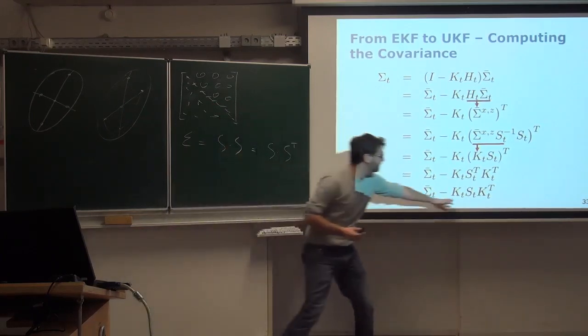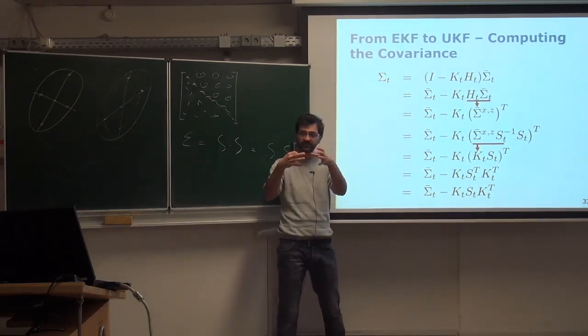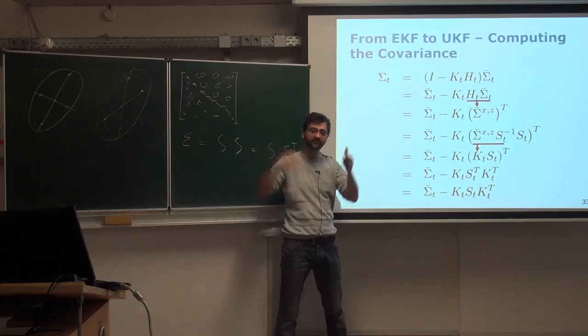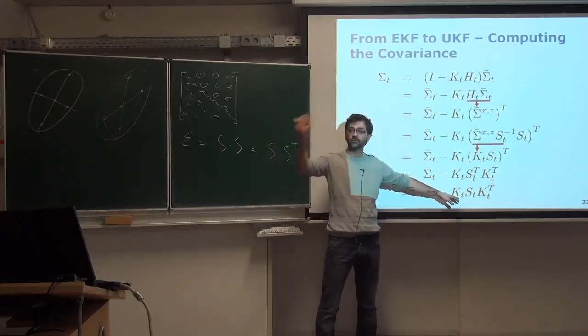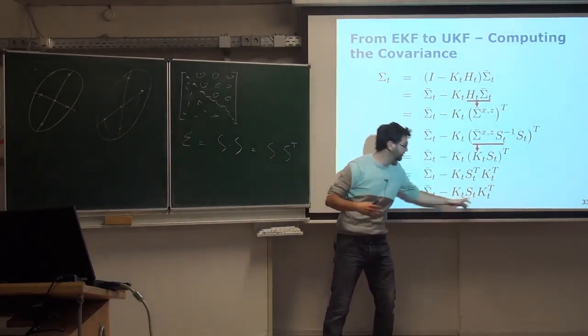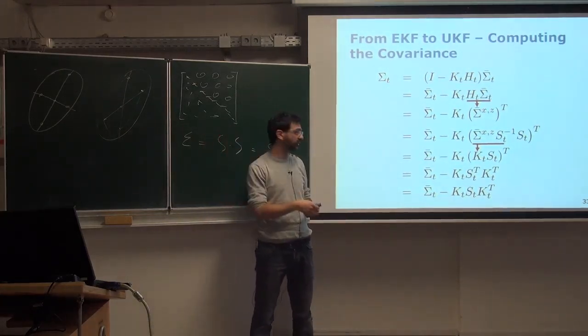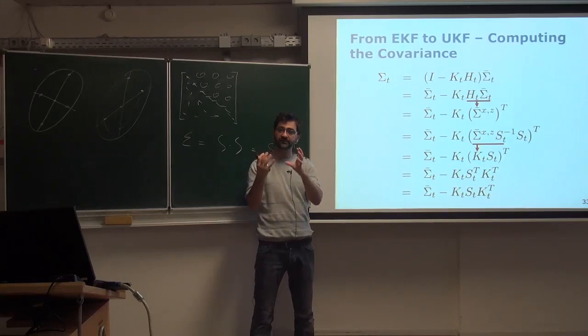Whenever you have covariance matrices that weight the space in different ways, and you need to transform them, you always have this kind of sandwich rule, which is a way of keeping the symmetry of your matrix intact.